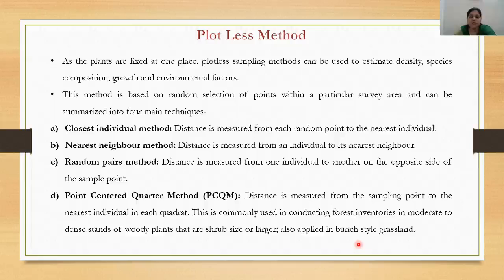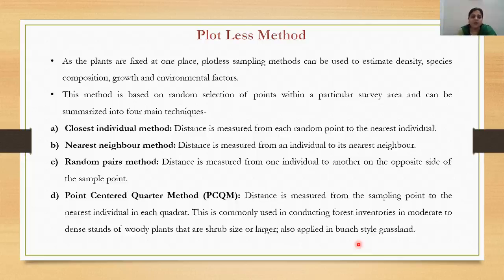Then the second method is the nearest neighbor method. In this method, the distance is measured from an individual to its nearest neighbor. So instead of a random point, an individual plant is selected, and the distance from that plant to its nearest neighbor is measured.